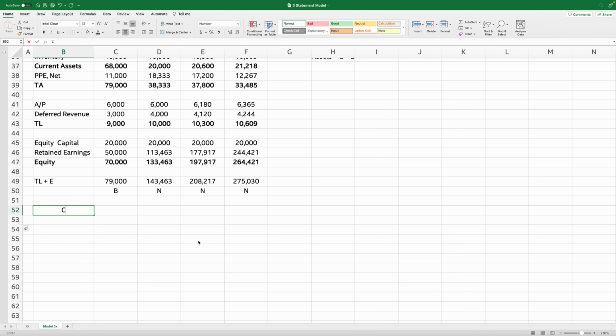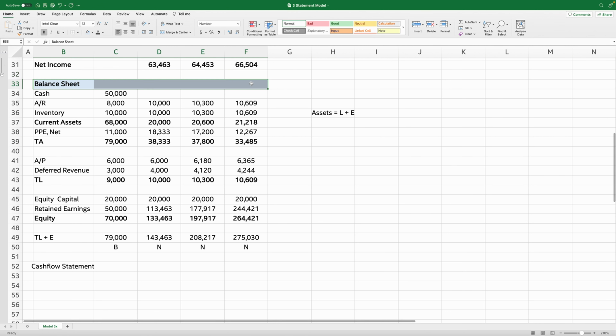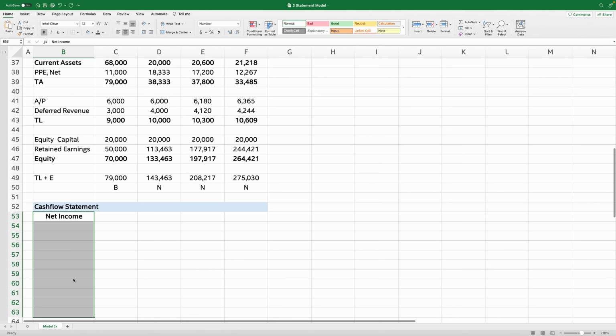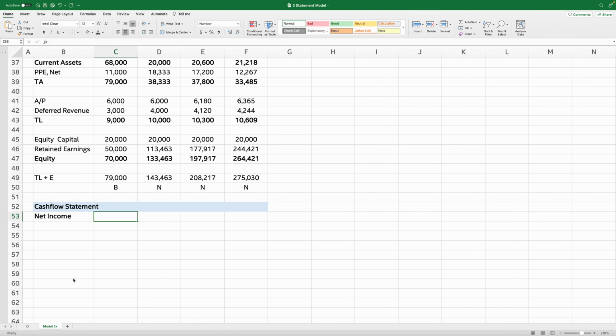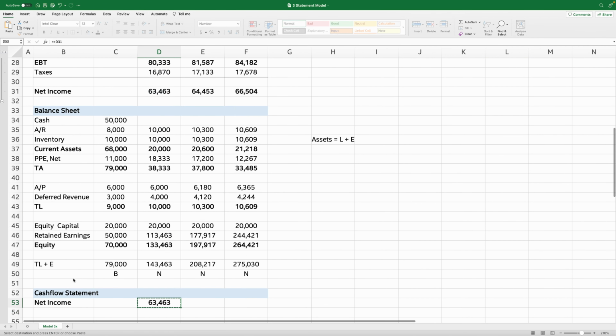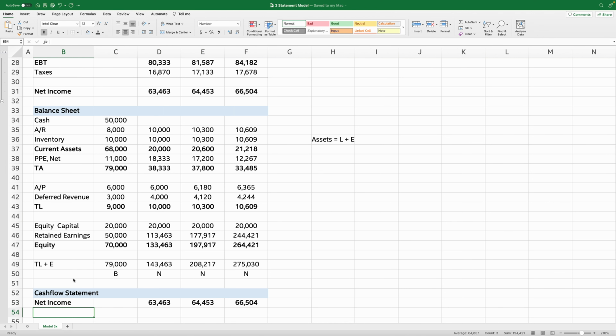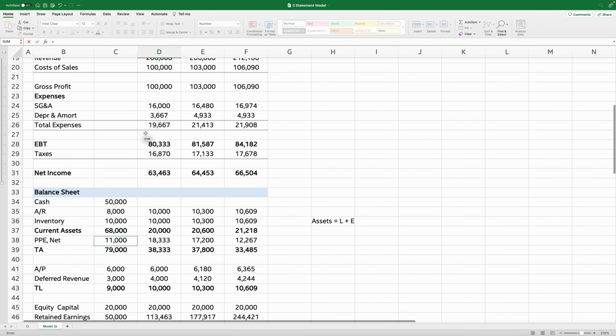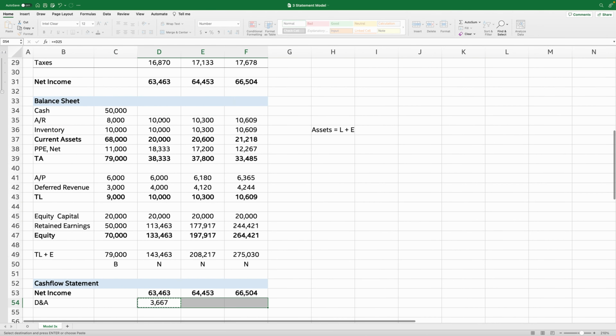But next we have the cash flow statement. So the cash flow statements, all of them, start off with net income. No net income for this time period, but net income flows into the top line of the cash flow statement as well. And then you have D&A, which is depreciation and amortization, which now we can grab from the income statement because we know that.